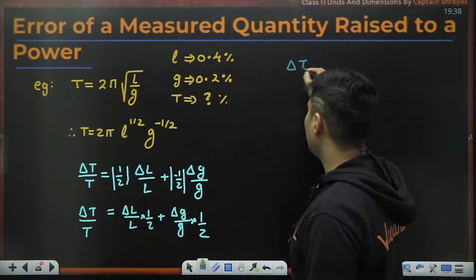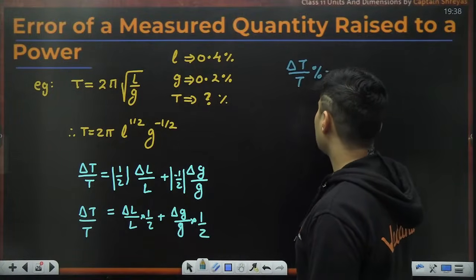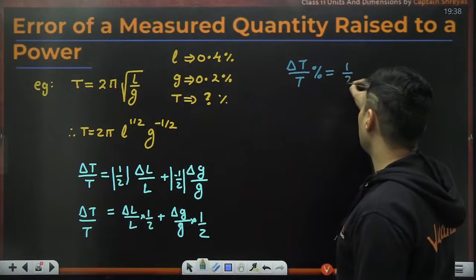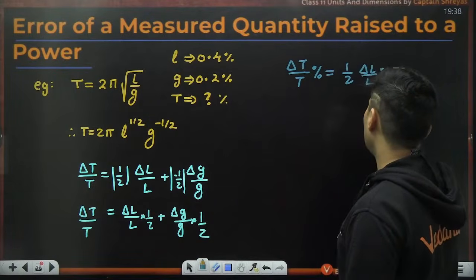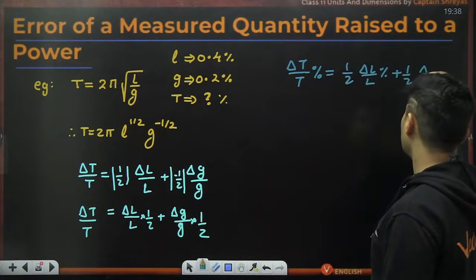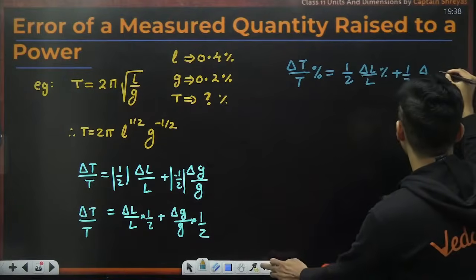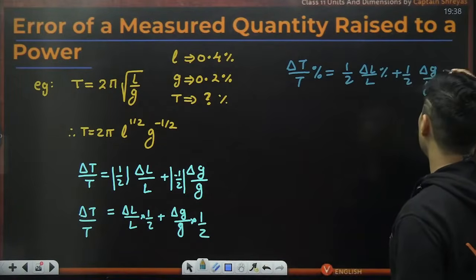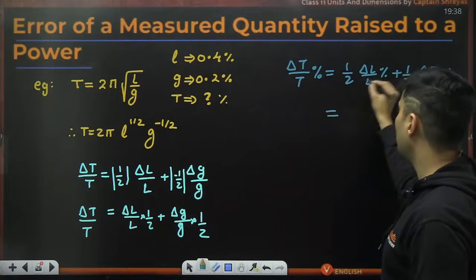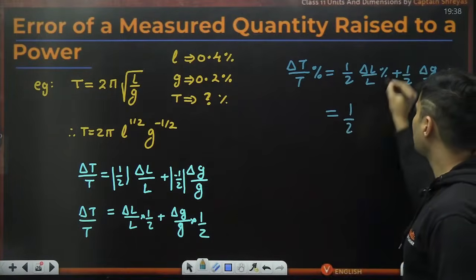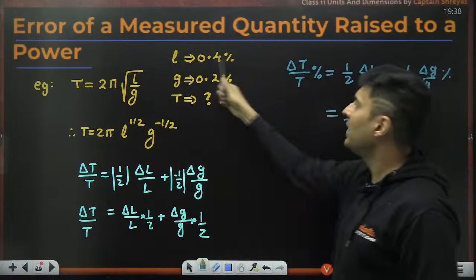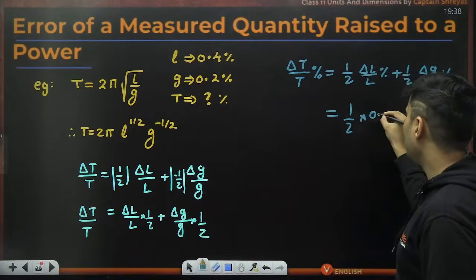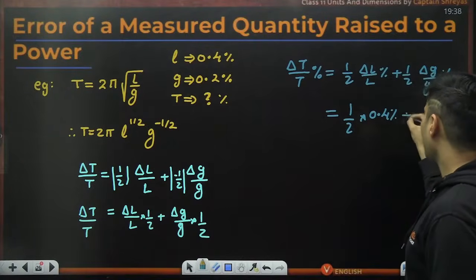I can say delta T by T percentage, put percentage symbol everywhere, half times delta L by L percentage plus half times delta G by G percentage. Everything is in percentage. So half times percentage error in length is 0.4%.